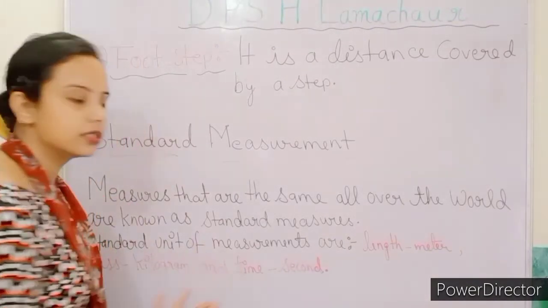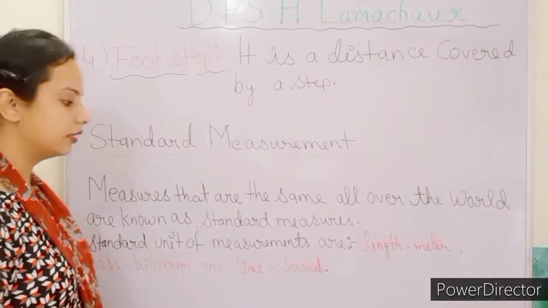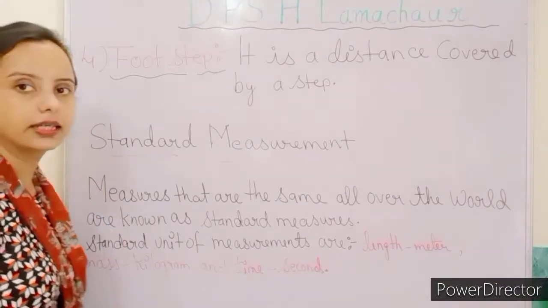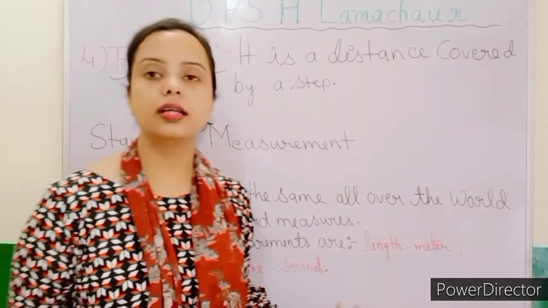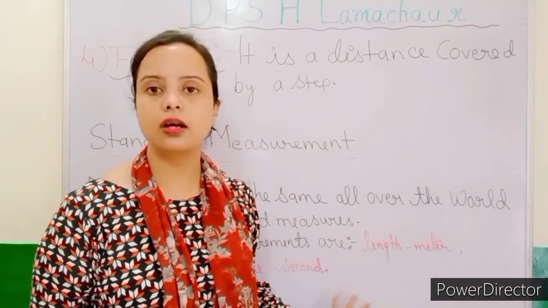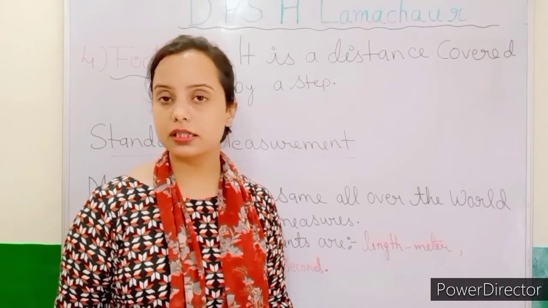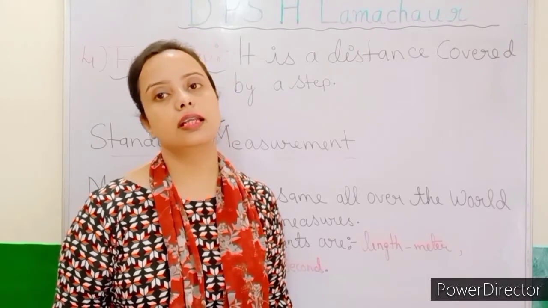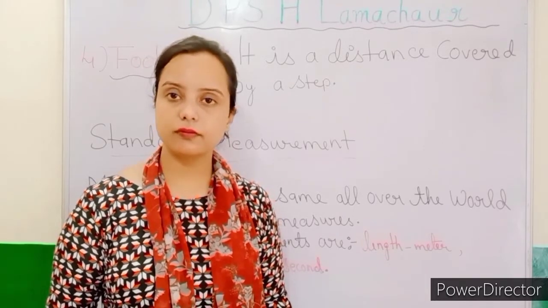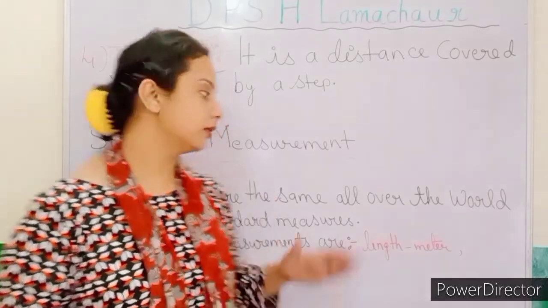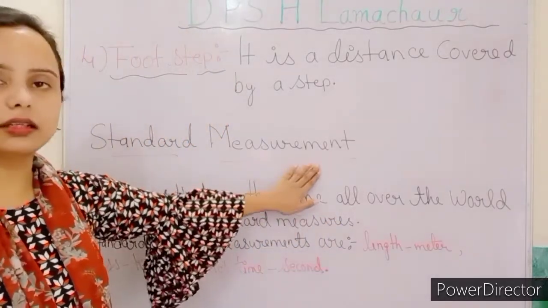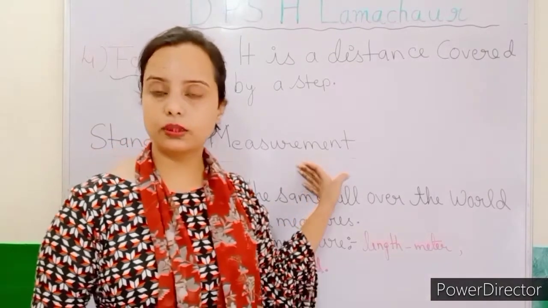And if we want to measure time, then the standard unit is the second. Second is the smallest unit of time, and we can also measure time in minutes and hours.